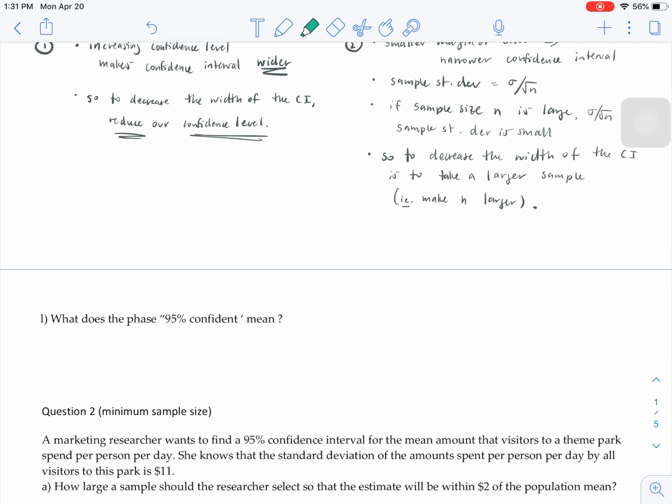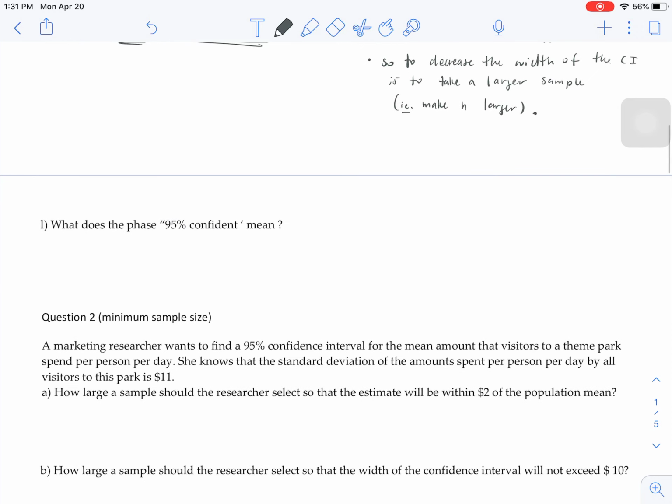Lastly, what do we mean when we say 95% confident? This is a little technical. We say we're 95% confident that the true population mean is within our interval. That means that in the long run, if I take all the possible samples from my population of whatever our sample size is.